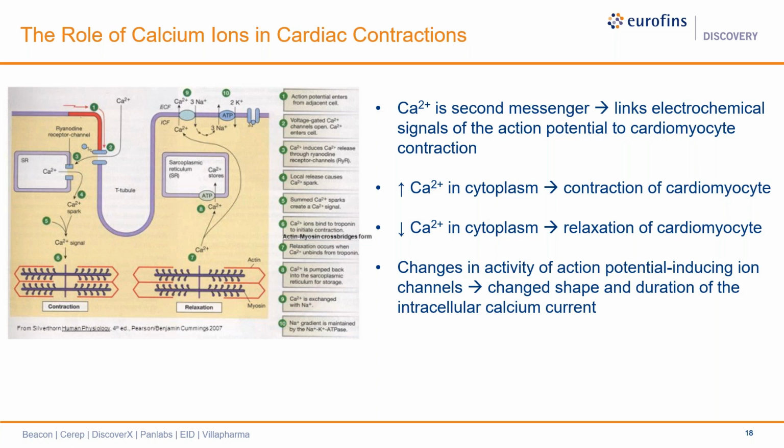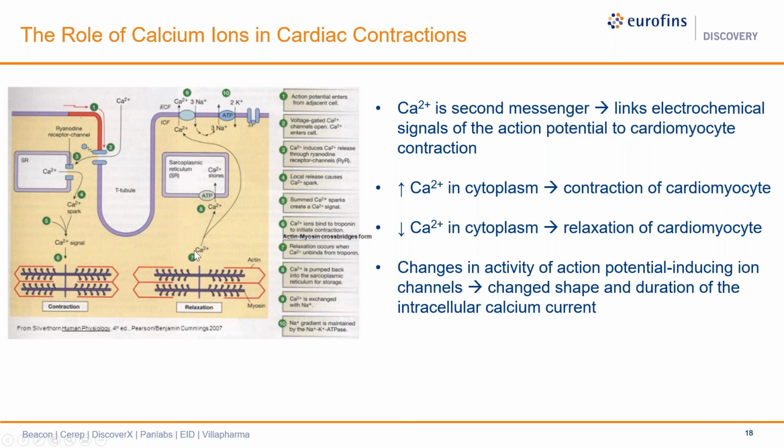These calcium ions then bind to troponin on the contractile apparatus. This allows actin-myosin cross-bridge formation, and then the actin moves closer to the sarcomeres, which then is the mechanical force for contraction. For relaxation, the calcium is pumped out from the cytosol back into the sarcoplasmic reticulum and out of the cell.